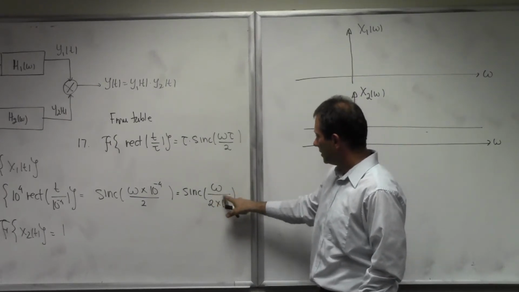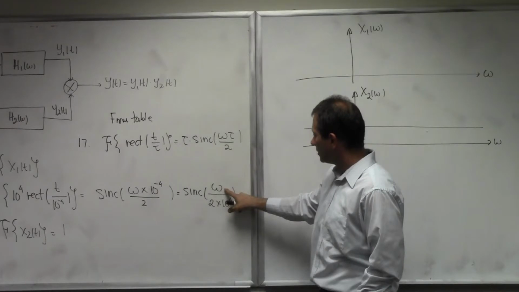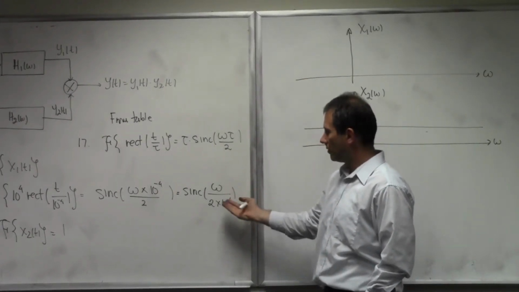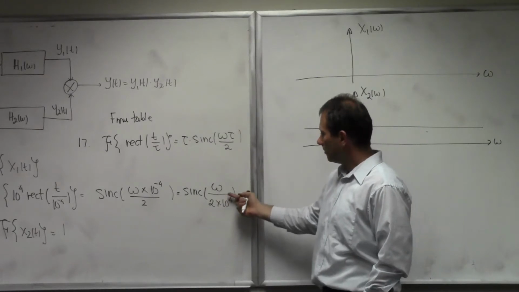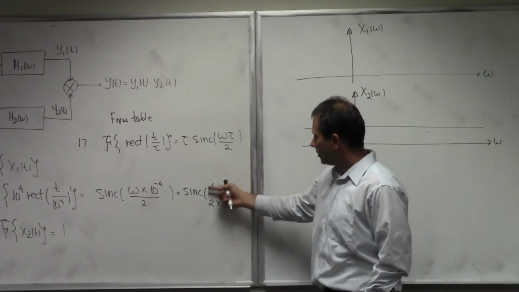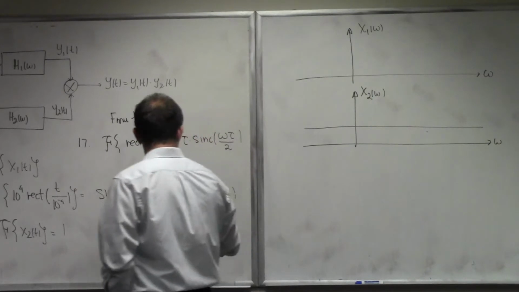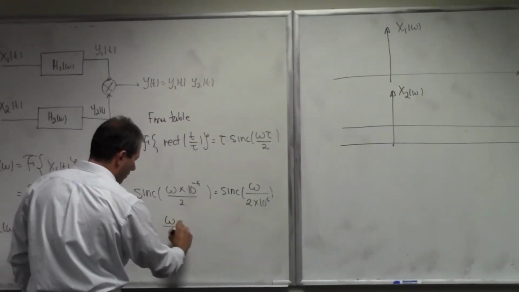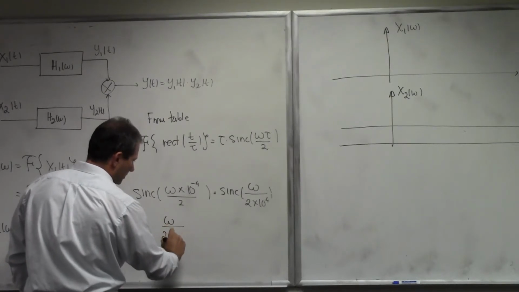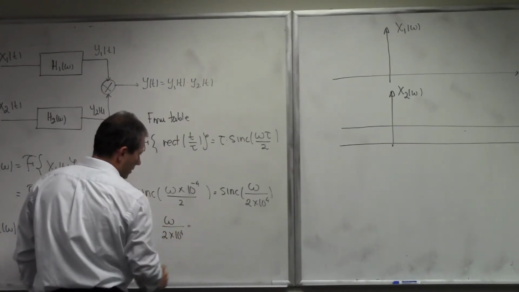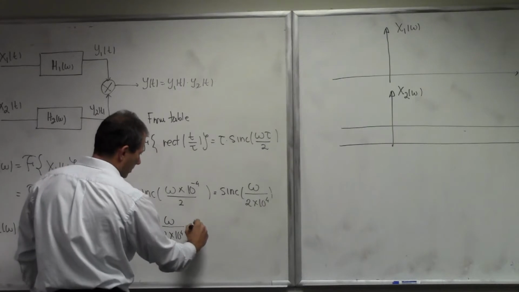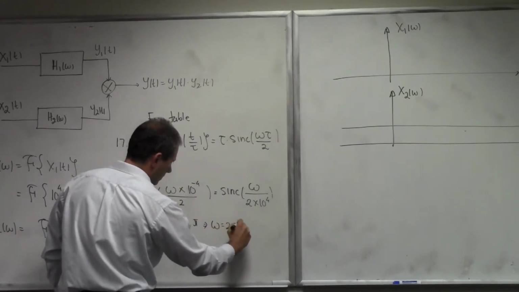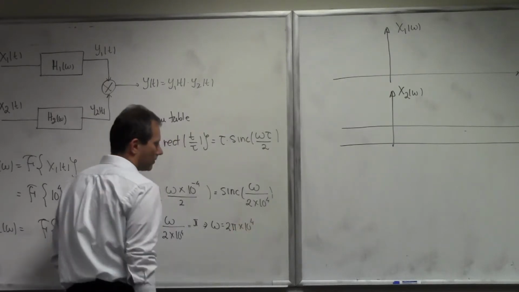The sinc becomes 0 when the argument equals pi. So when omega over 2 times 10 to the 4 is equal to pi, omega is 2 pi times 10 to the 4.